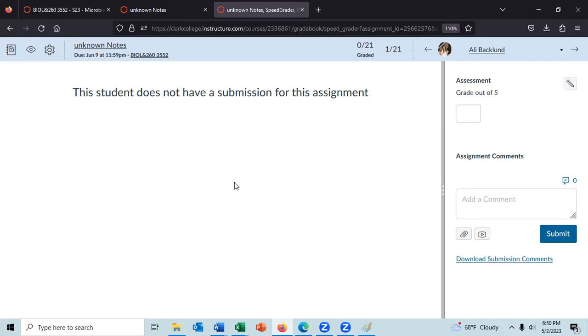So you should have both your results and your conclusions. If it's not clear to me that you're making a distinction between a result and a conclusion, and you're using the terms interchangeably, you will receive a penalty. Although the unknown notes page is only worth 5 points, it is going to count as a lab assignment.